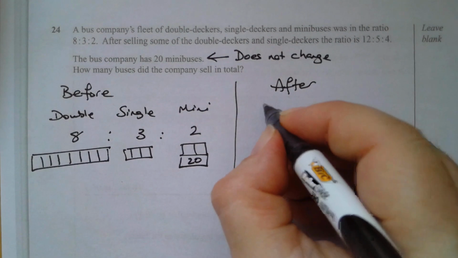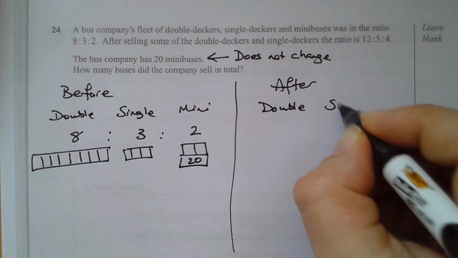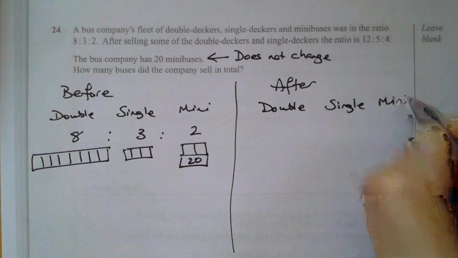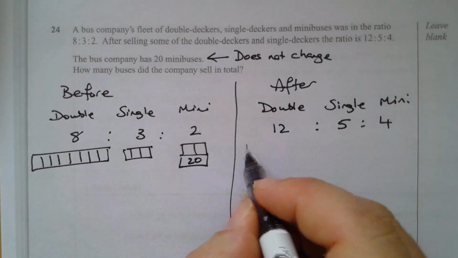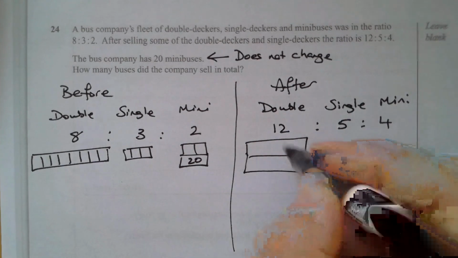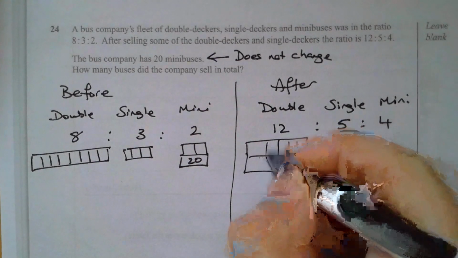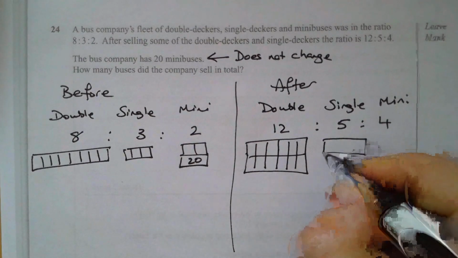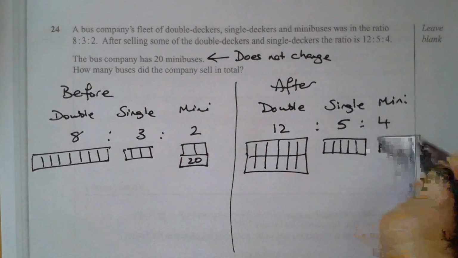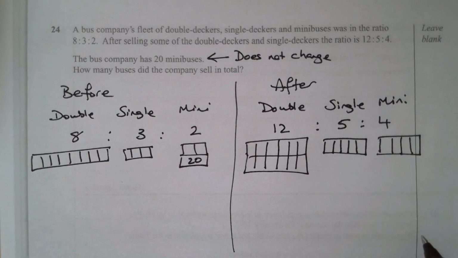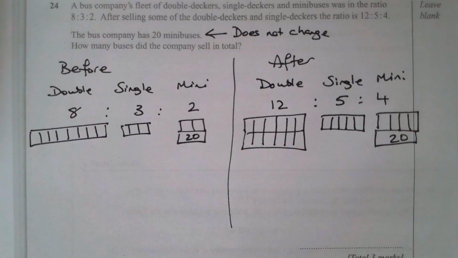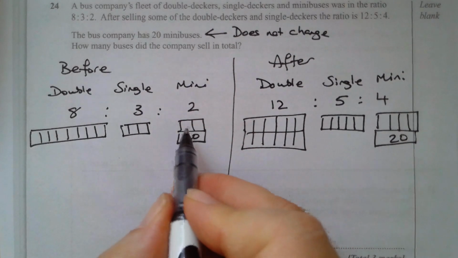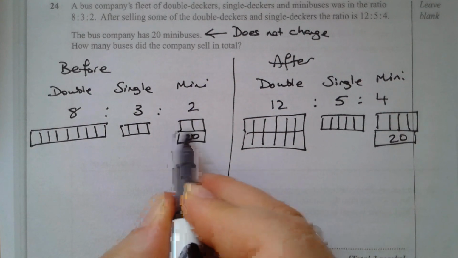And let's do the same for after. And again, there are 20 minibuses here. So this 2 parts and this 4 parts represents the same thing. And we can use that to work out what each of these parts represents.